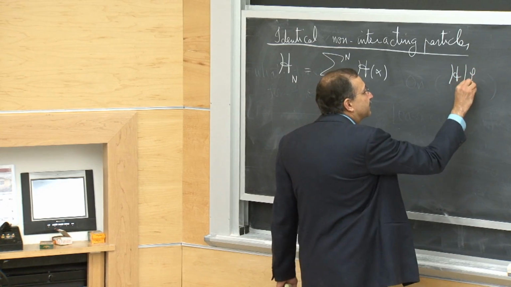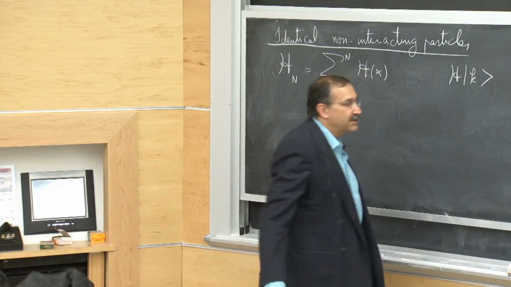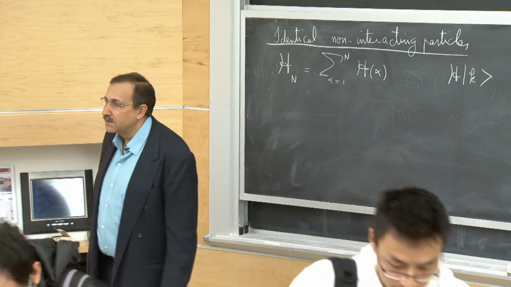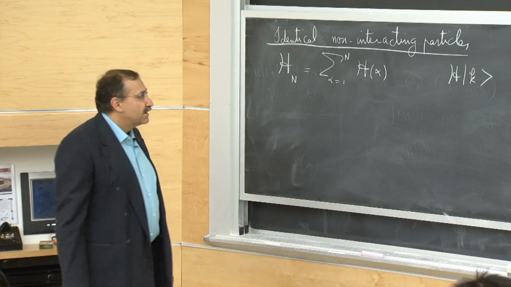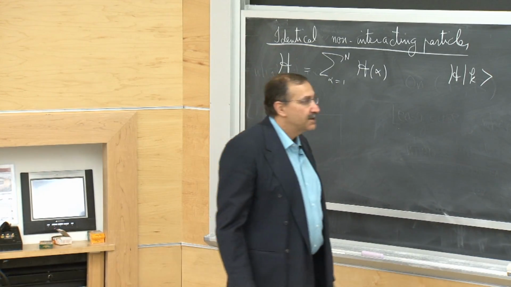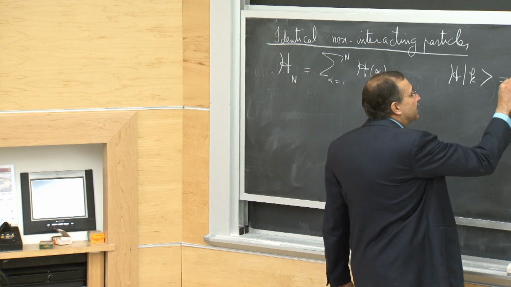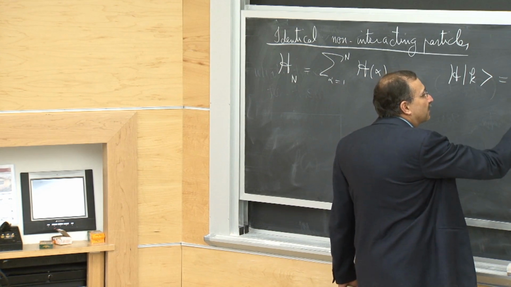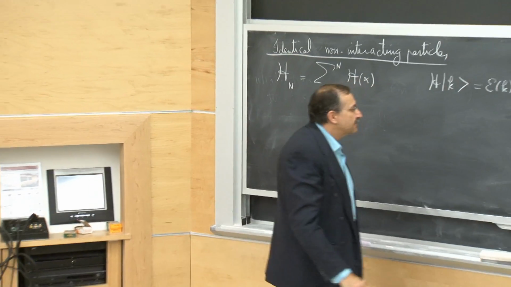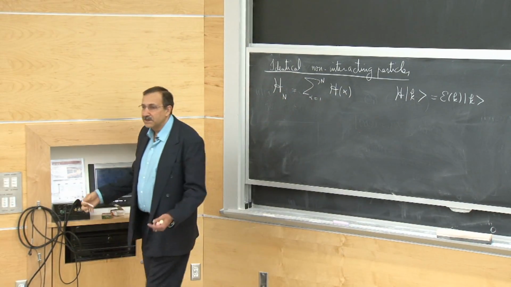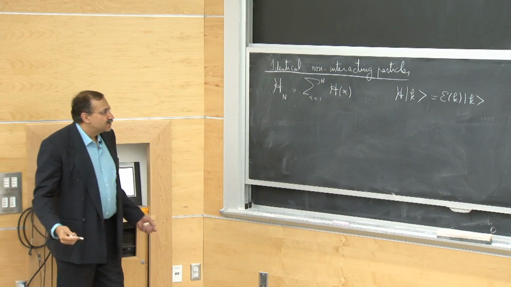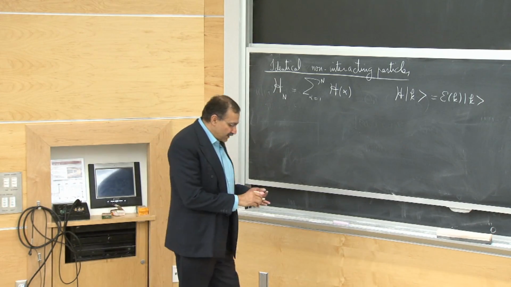In particular, typically, we were interested in particles in the box. We would label them with some wave number k, and there was an associated one-particle energy, which for the case of one particle in a box was h bar squared k squared over 2m.